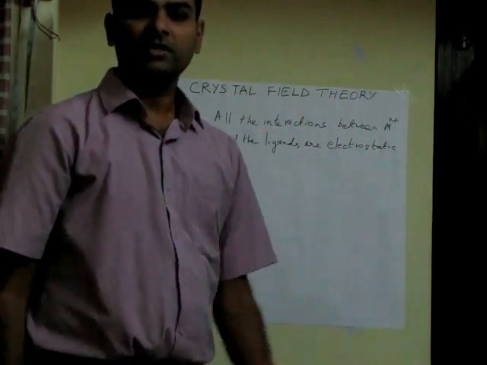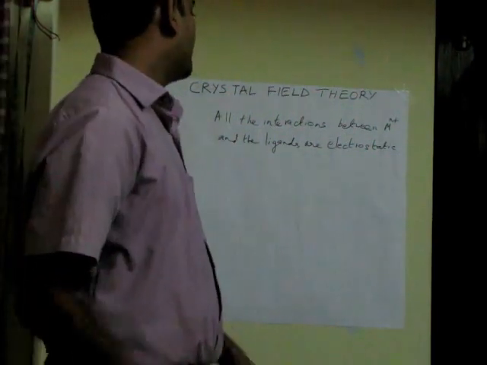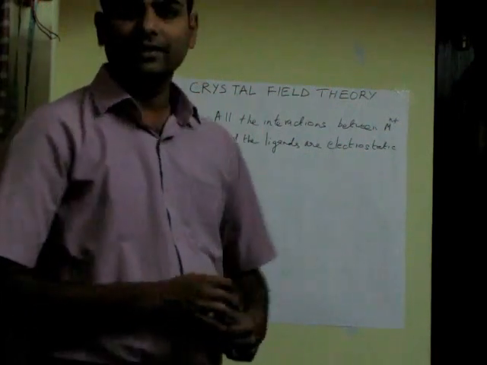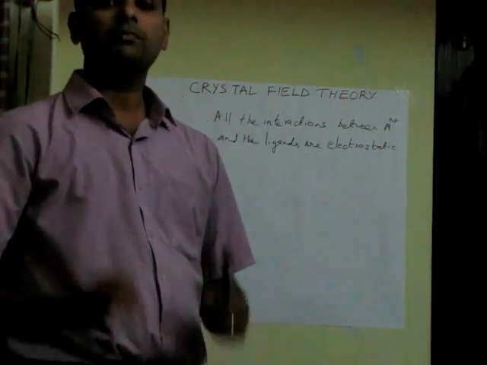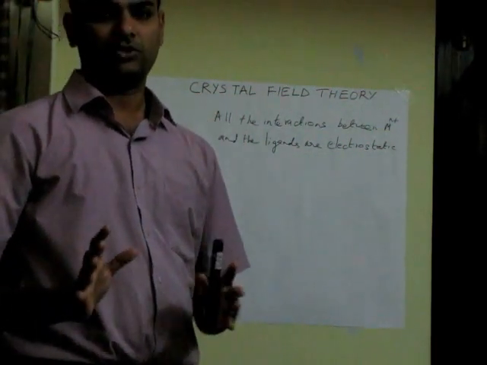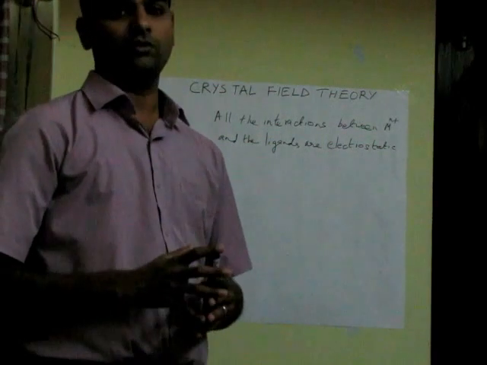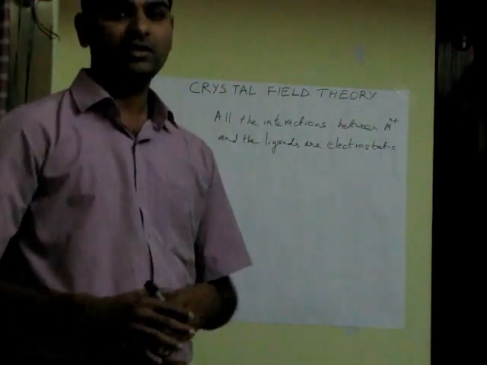I just mentioned it. All the interactions between the metal ion and the ligands are considered to be purely electrostatic in nature. This was the original form of the crystal field theory.